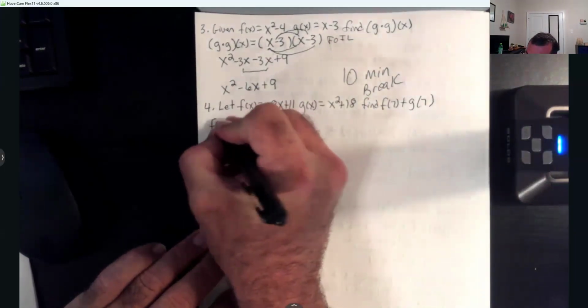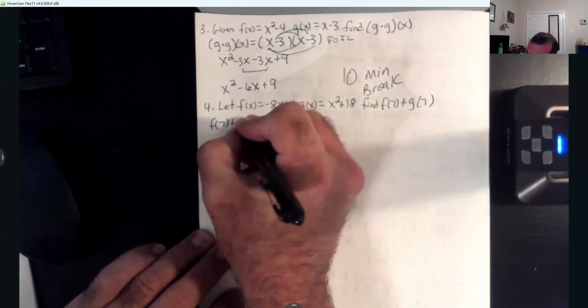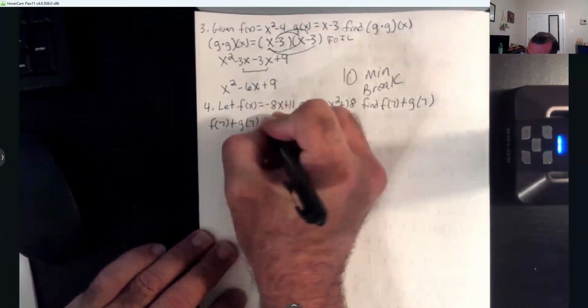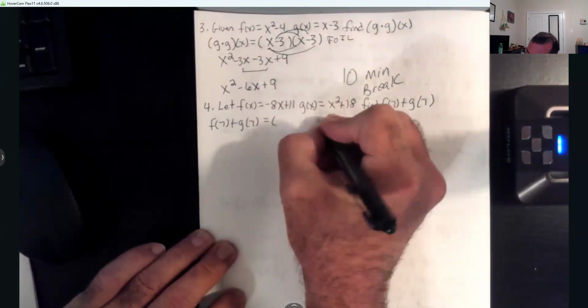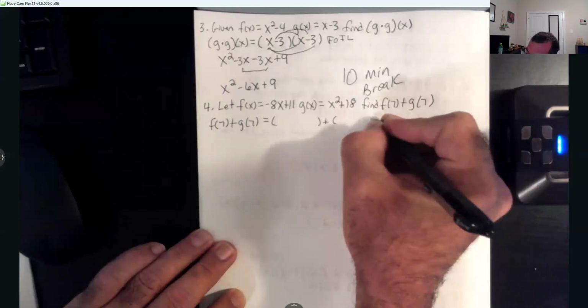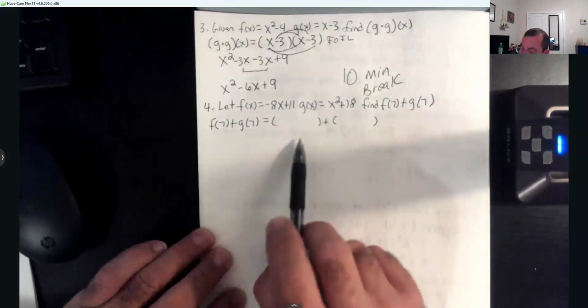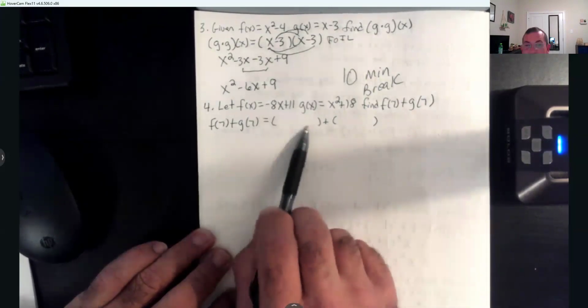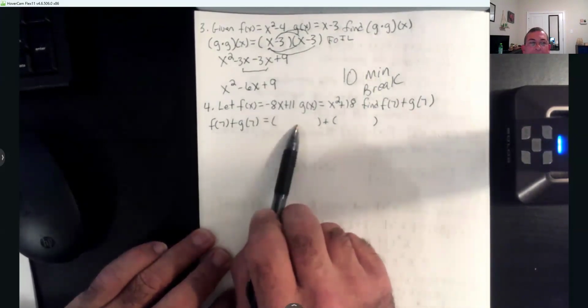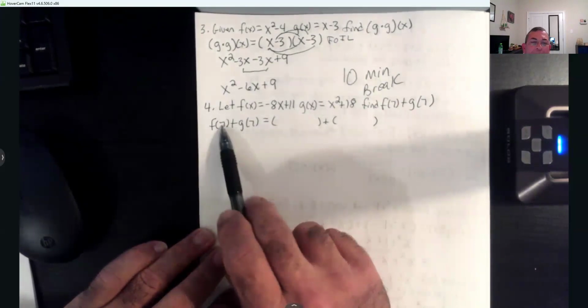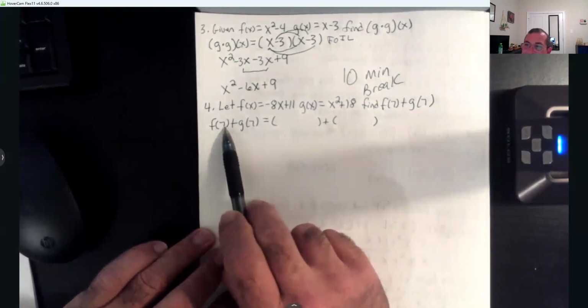So we would come down and say f of 7 plus g of 7 is going to equal our f plus our g. But y'all, guess what? We're not putting negative 8x plus 11 here, because they gave me a number to put in for the x.